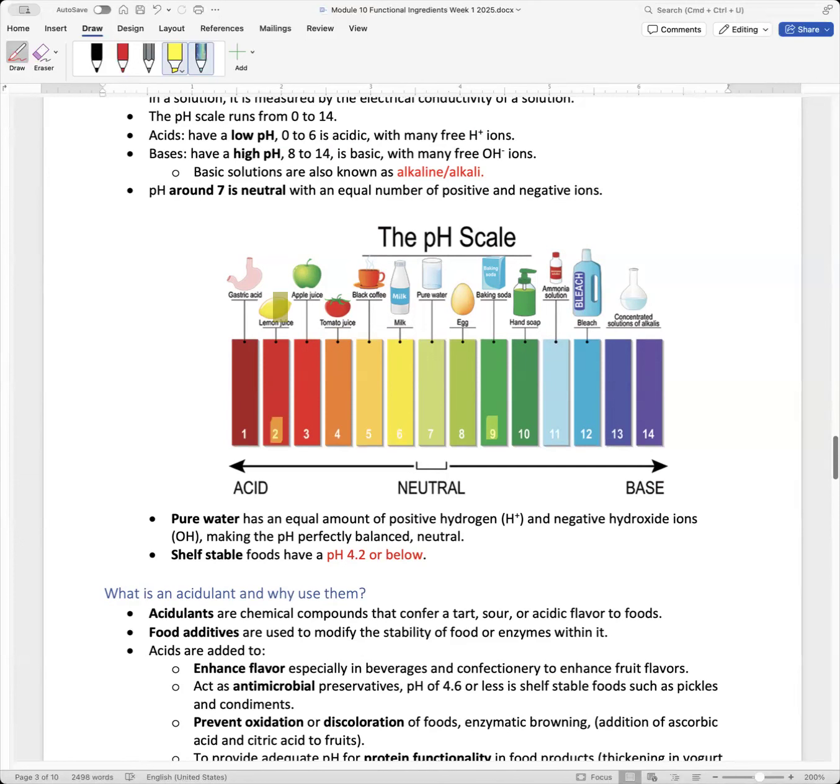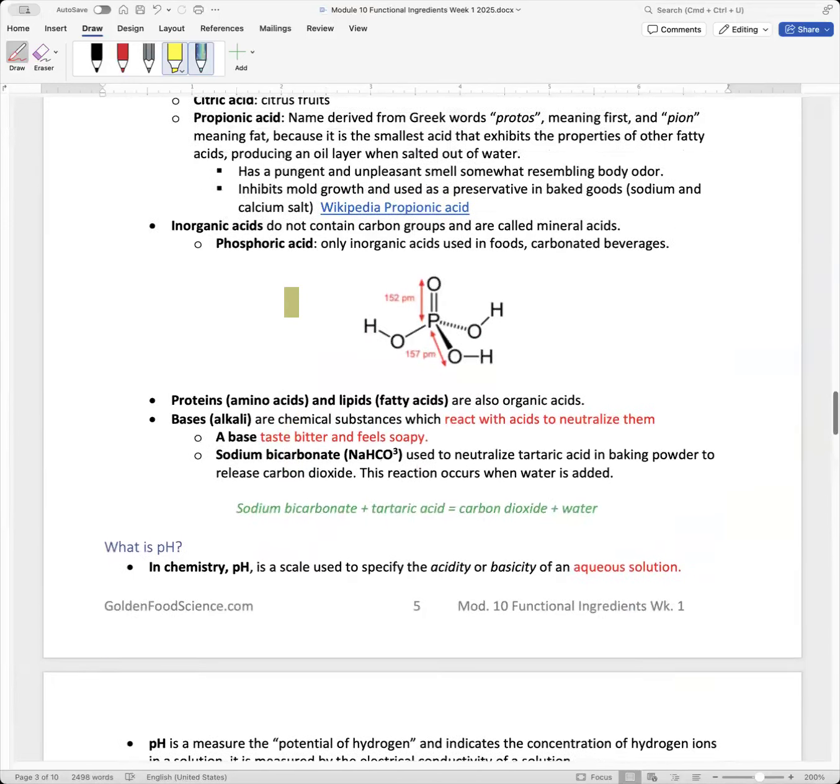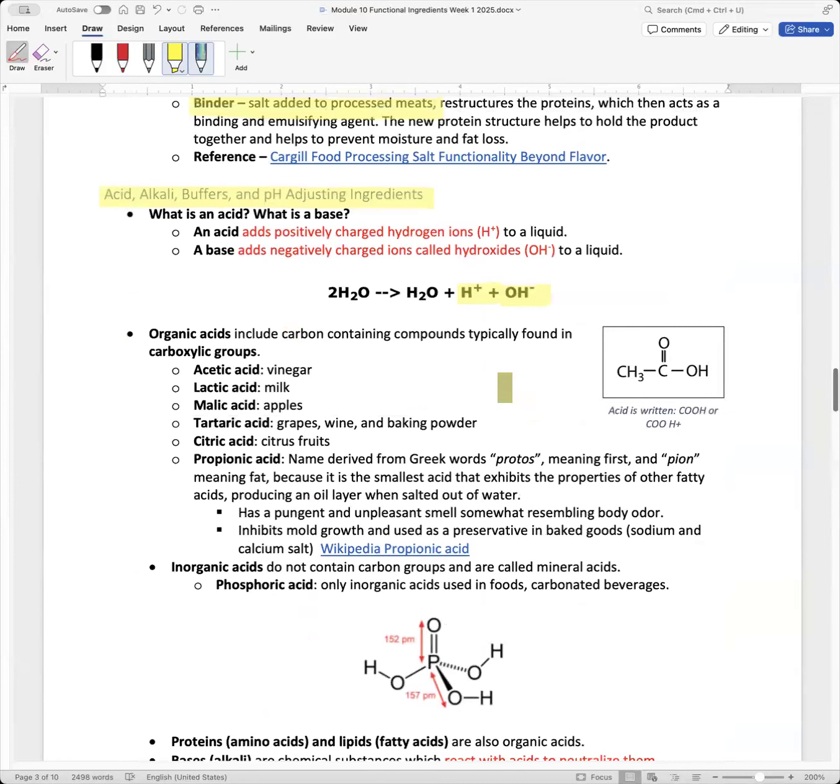So you really probably couldn't affect it that much. And chances are the more base you put in there, the more acid it would produce to overcome that, right?